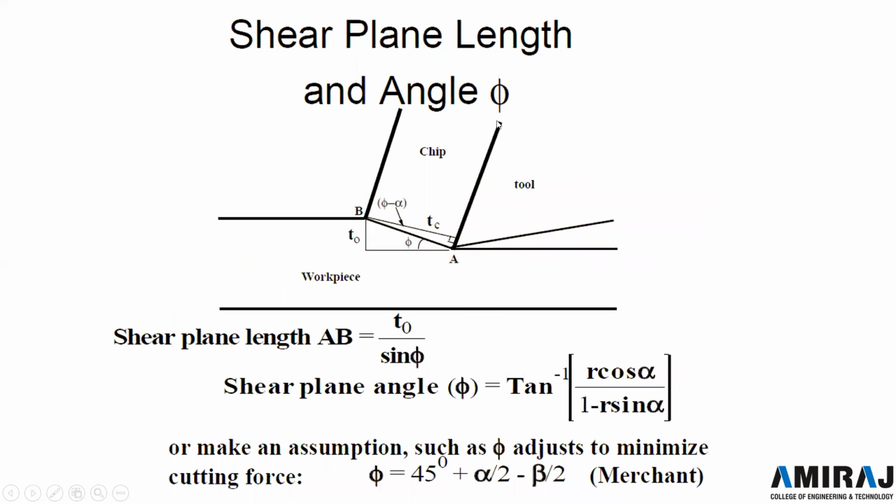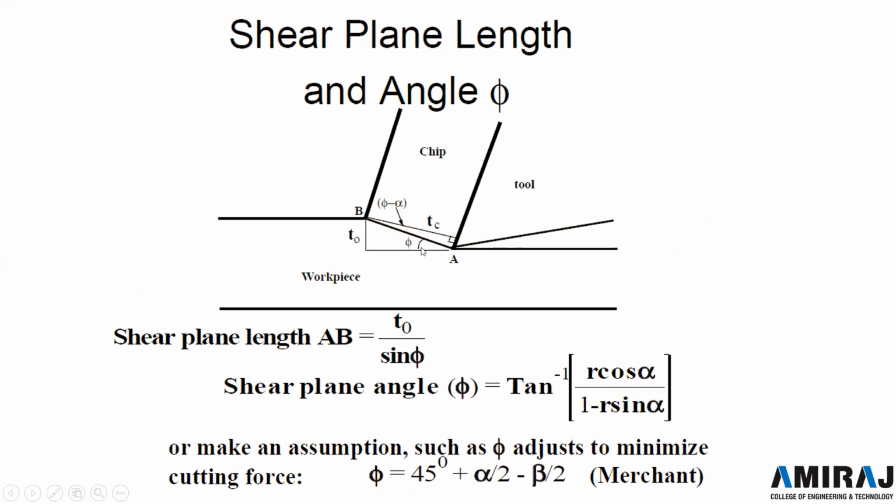Now there is the shear plane, its length and angle. This is the chip and here it is the tool. Now this is the angle. The shear plane length will be equal to AB, which is t0 by sine phi.